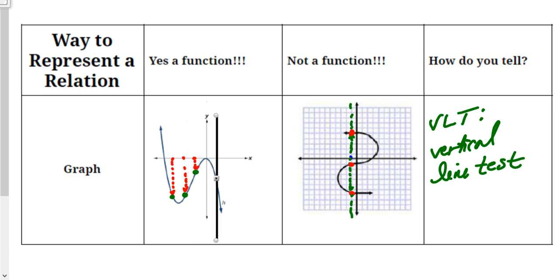Hitting it not at all would be okay as well. But then when you come over here and you think about dragging that line across, it's like, oh, violation, violation, violation, violation, all the way across, all the time, right? It only takes one violation to not pass the vertical line test. So we would say the first graph here passes the vertical line test. It is a function. The second graph does not pass the vertical line test. It is not a function.